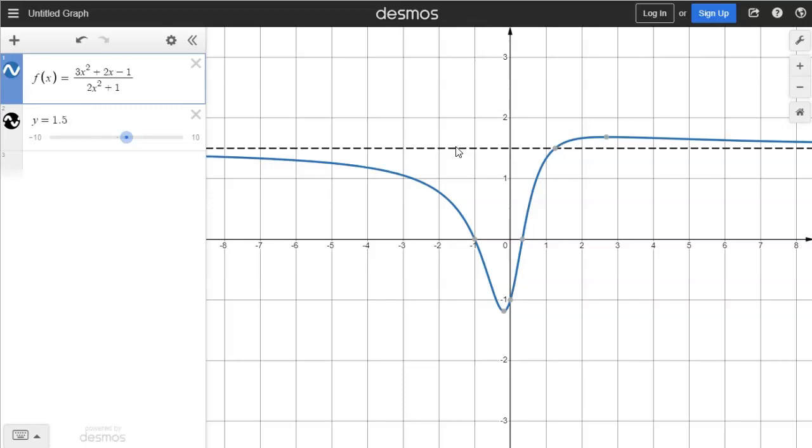That's the limit as x approaches infinity or negative infinity. As x gets larger and larger in the positive or the negative direction, it's approaching that line. So my sketch was pretty good based on the information that I got.